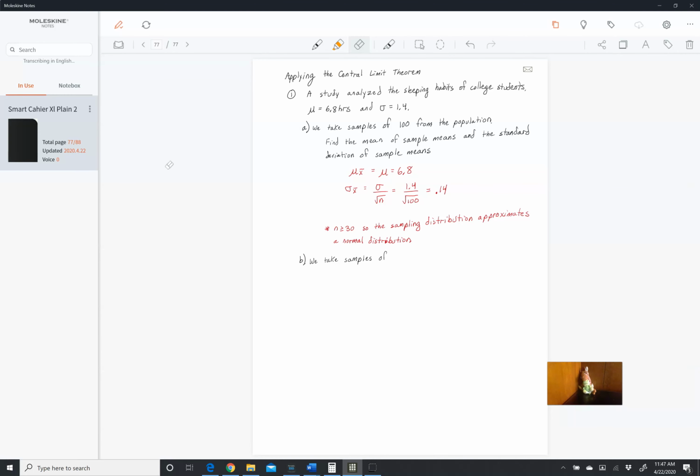Okay, we're going to do the same thing. We find the mean of sample means and the standard deviation of sample means.